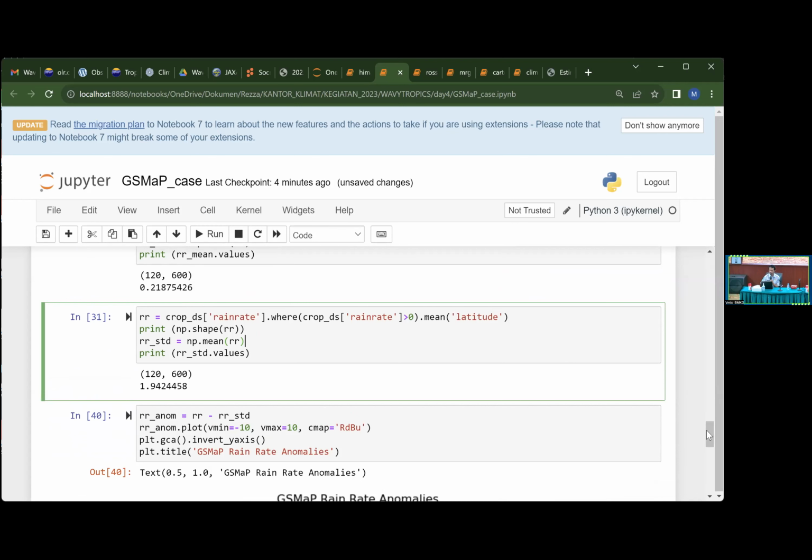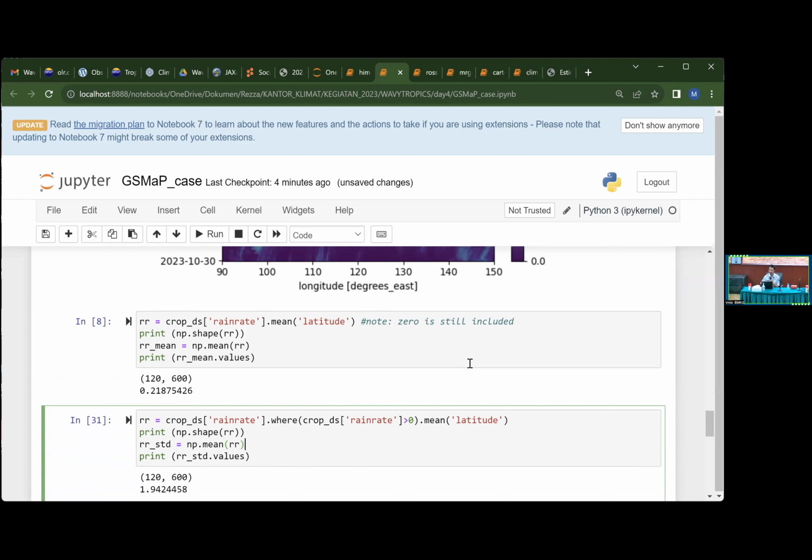Because this is the rain rate, you need to exclude the zero, so let's do this. Sorry, this I should change to mean. So we will take only positive values, and zero will be neglected.